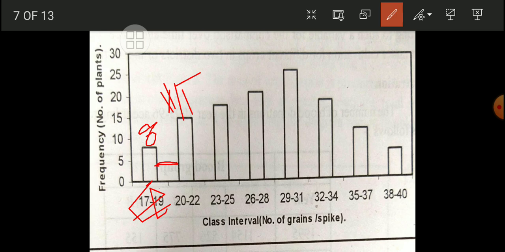This is 15. Now next one is 18. Now this one is 21. So like that, the length is corresponding to its frequency, means how many are there.